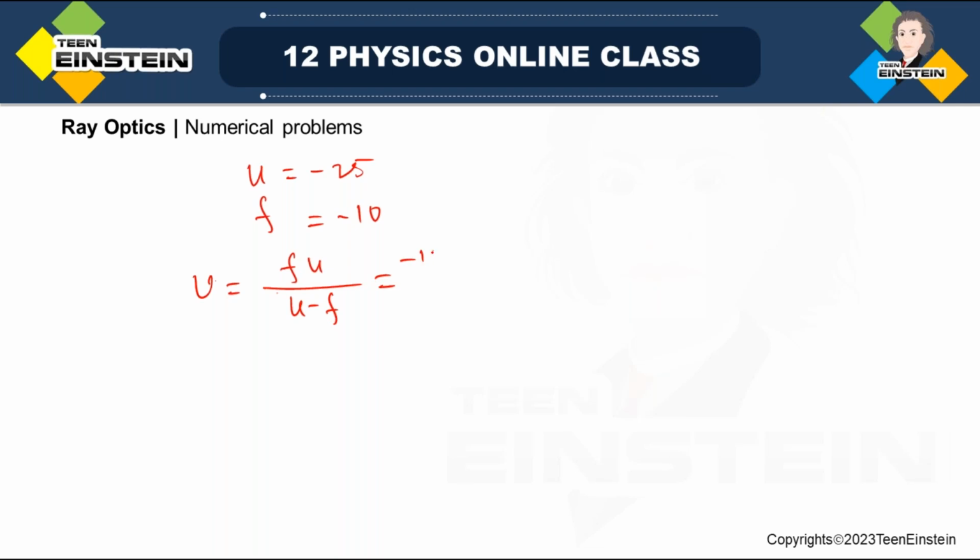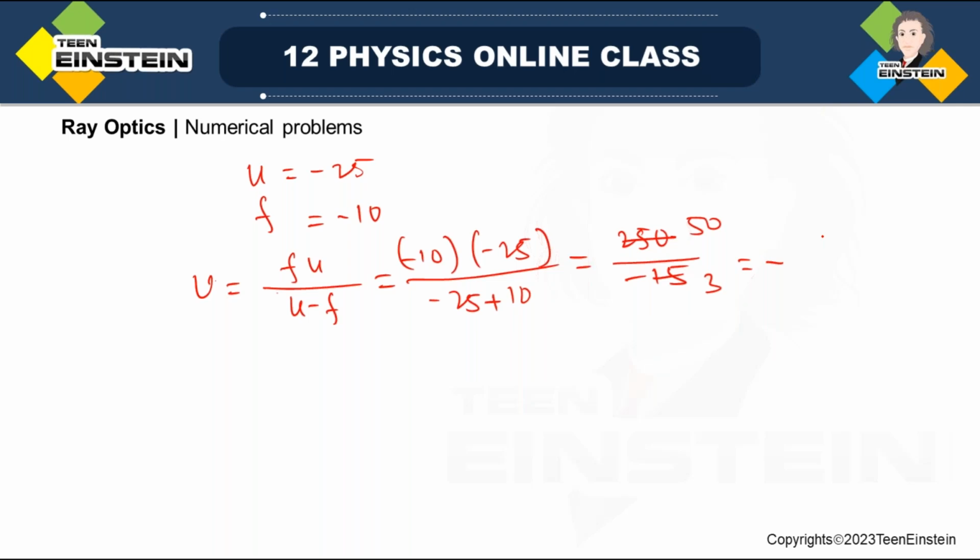So here f is minus 10, u is minus 25, then minus 25 plus 10, so this is actually 250 and this is minus 15. So I get minus 50 by 3. Anyway, I have got the position.